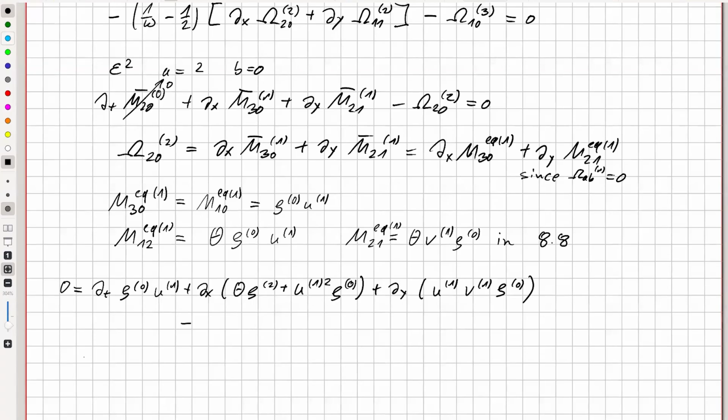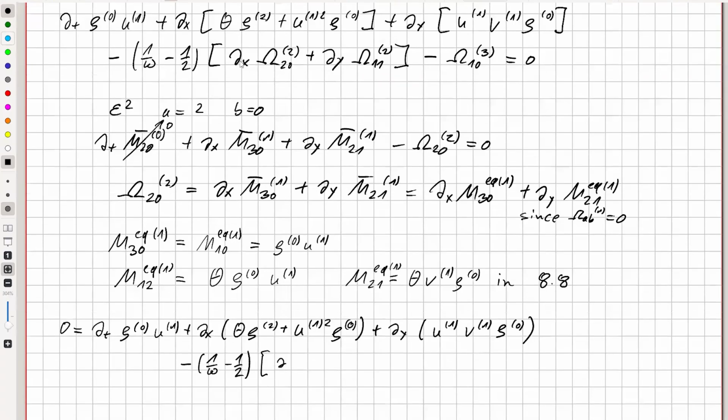Now comes the non-equilibrium part. This is minus 1 over omega minus 1/2. Now we plug into this dx omega to 0. Yeah, we plug in here these guys, and we take this derivative or that derivative together with these derivatives, and I've already reordered them.